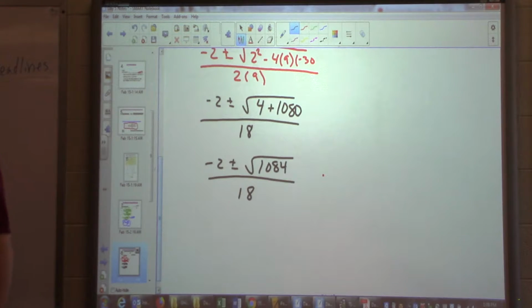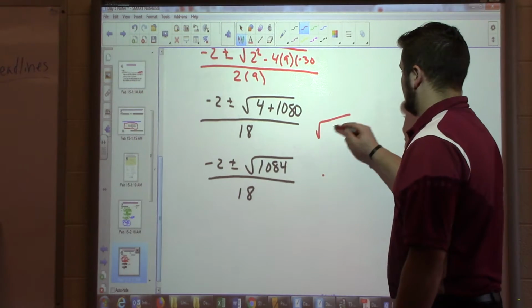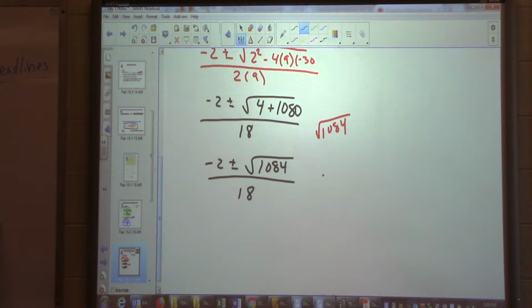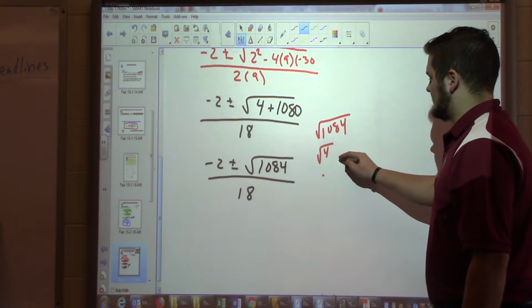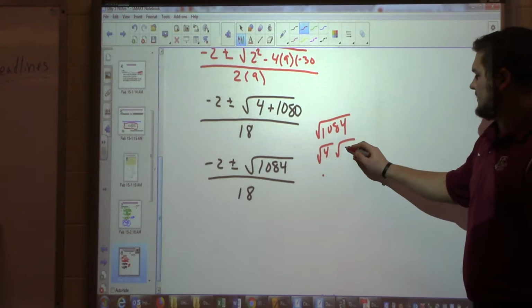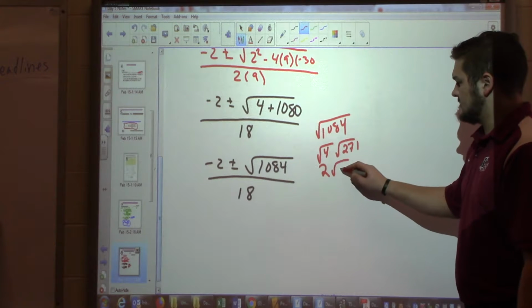Take that square root of 1084. Are there any perfect squares that go into it? 4 does. So if I take 4 out of it, I get square root of 4 and square root of 271. So I get 2 square roots of 271.